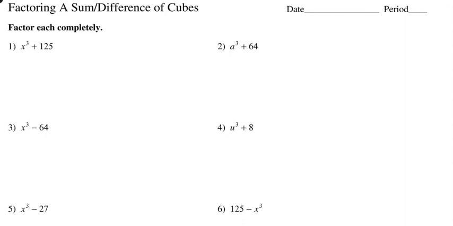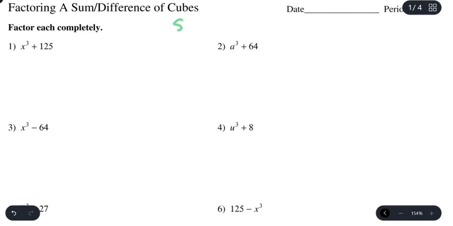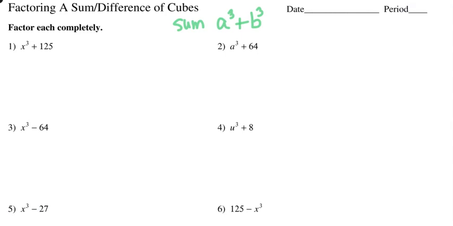Well, I'm going to give you the general formula for factoring each one. Let's look at the sum first. So for the sum of cubes, when you have two numbers that are both perfect cubes, remember we talked about perfect squares, like 4 is a perfect square because it's equal to 2 squared, and 9 is a perfect square because it's equal to 3 squared.